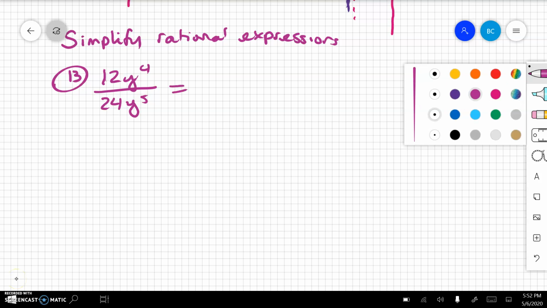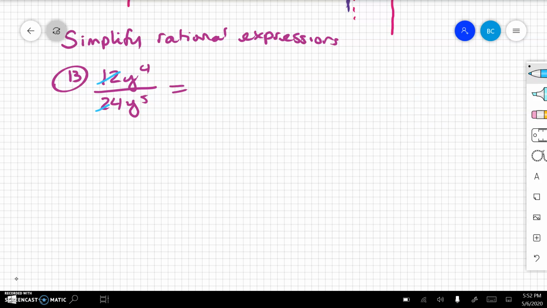So I'm going to reduce the numbers to 1 over 2, and then I'm going to reduce the variables, so all of those go away, and then there's 1 left down here, so I have 1 over 2y.